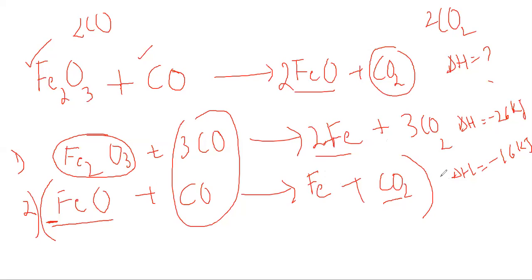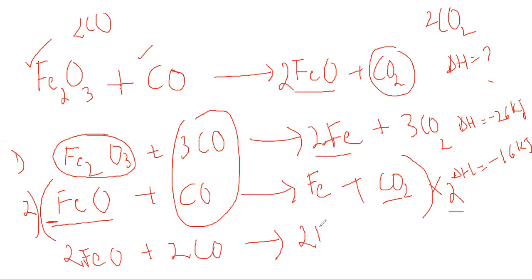So we need a number 2. If you multiply this equation with the number 2, let's see what happened. I'm multiplying this equation with the number 2. So 2FeO plus 2CO will give you 2Fe plus 2CO2.